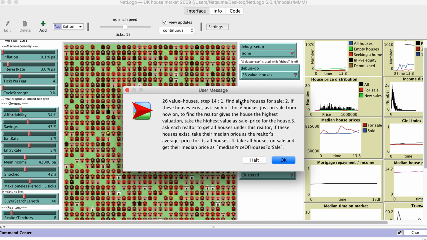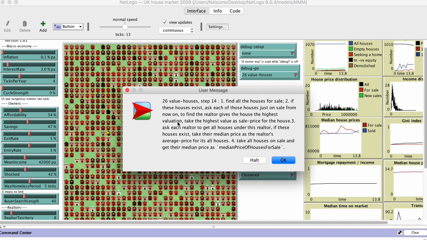So first of all, we will find all the houses for sale. And if those houses do exist, we will ask each of those houses, especially we're only looking for those houses on sale that were also put onto the market just now. Okay, we find the houses just put on the market, and we will find the realtors who give those houses the highest valuations.